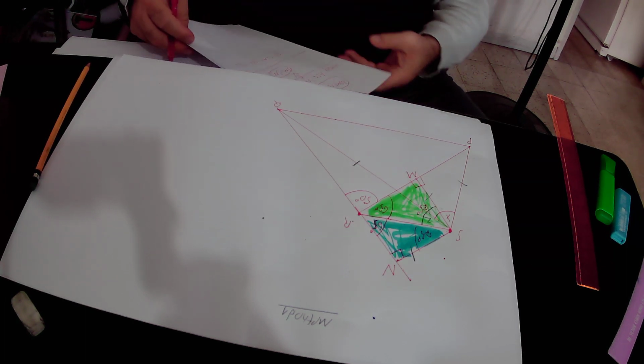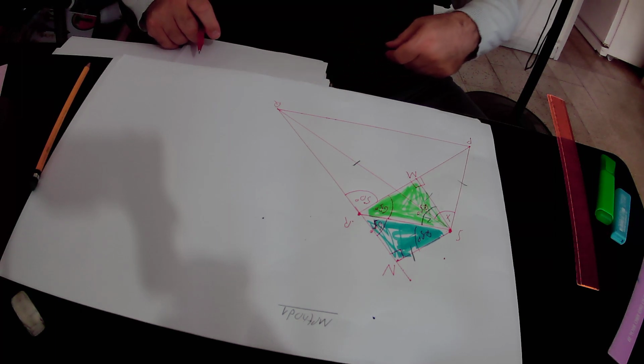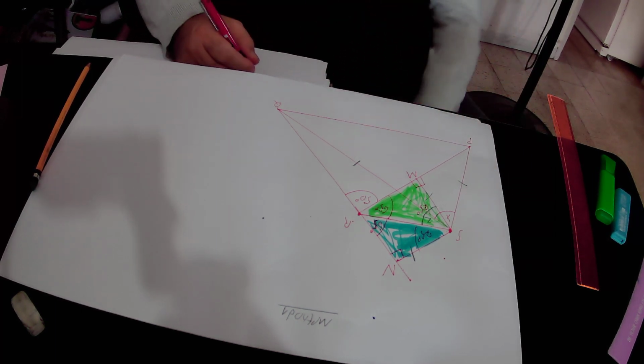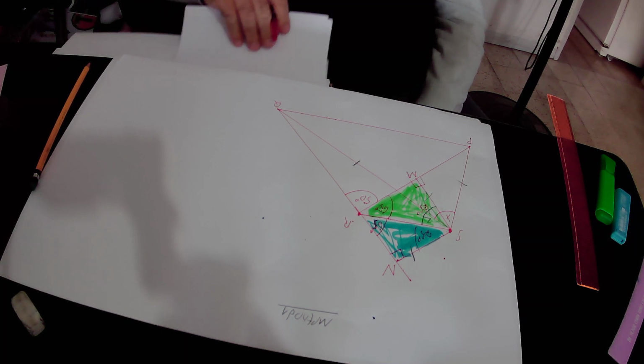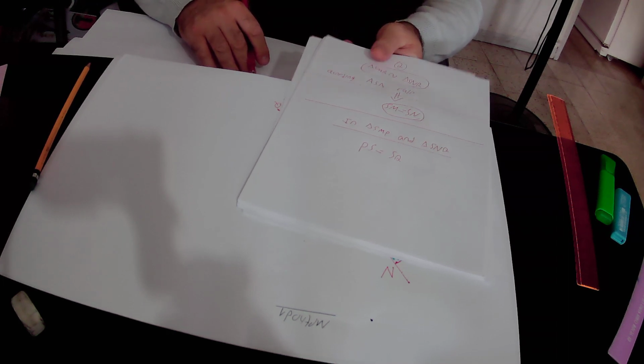On those two right triangles, we know that PS equals SQ according to what is given to us in the question.